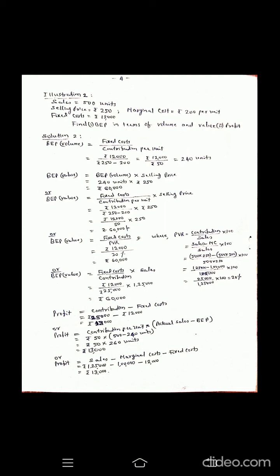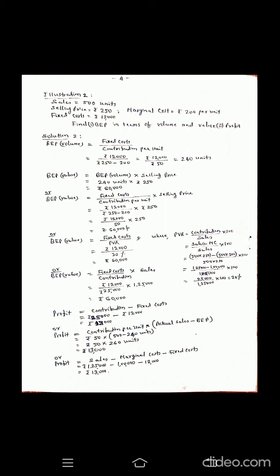It also comes to rupees 60,000. Or we can also compute BEP in terms of value with the help of PVR, profit volume ratio. But PV ratio is not known to us. How to compute PVR? It is already explained. PVR is equal to contribution by sales into 100.